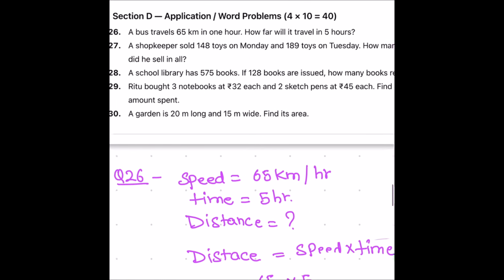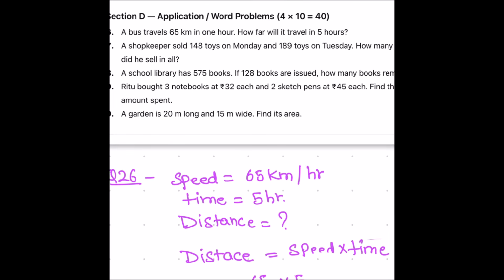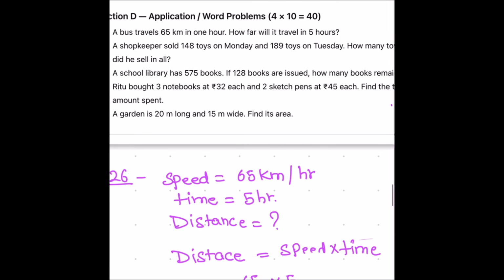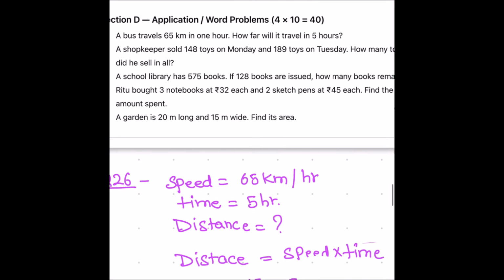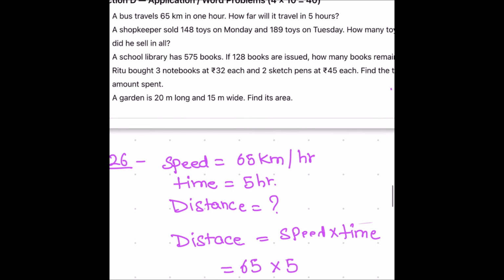So question 29 is, Ritu bought 3 notebooks at 32 rupees each and 2 sketch pens at 45 rupees each. Find the total amount spent.